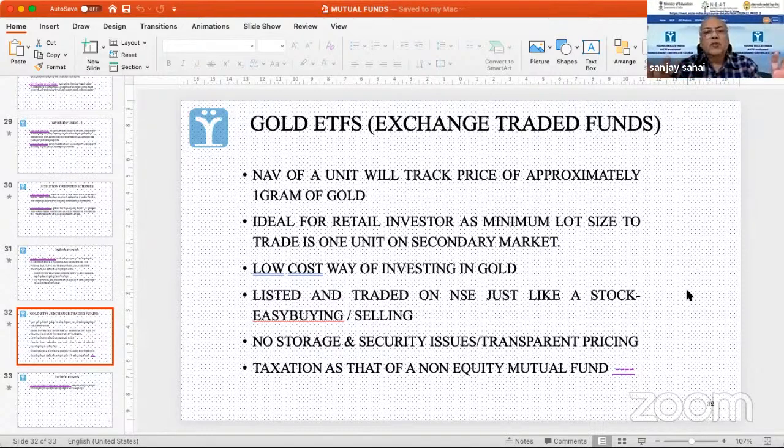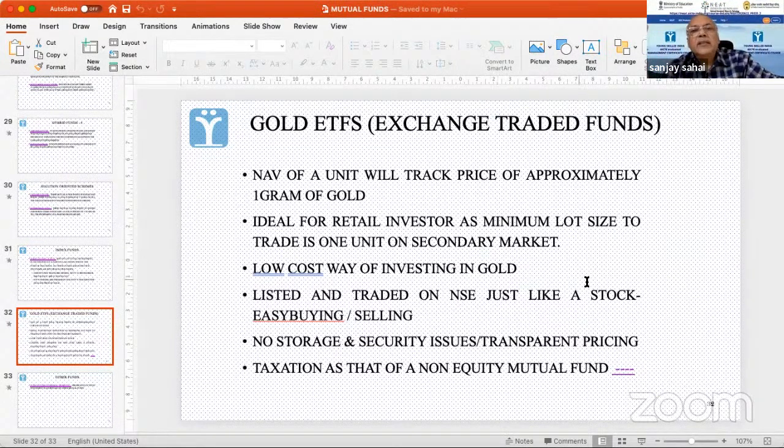So whatever is the cost of 1 gram of gold, that will be the NAV for the fund, plus, of course, a bit of charges. As the price of gold moves up or down, the NAV will also move up and down.